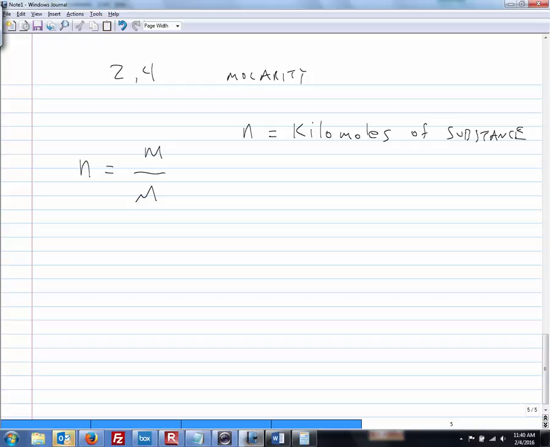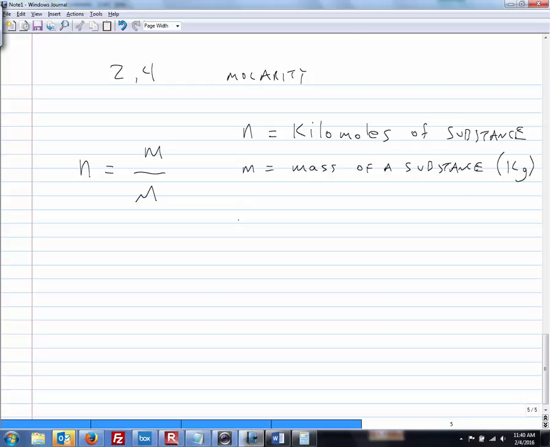Little m is the number of kilograms, so that's mass. That's a good thing. That didn't change. Little m equals the mass of a substance in kilograms. We're going to measure that in kilograms.